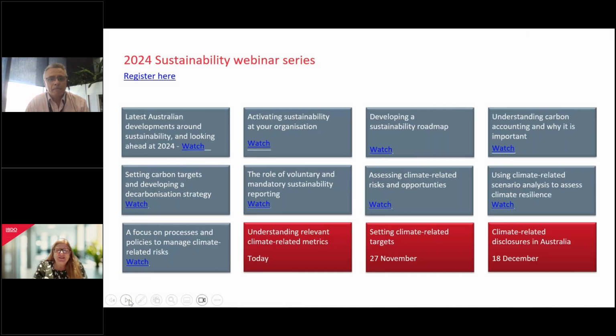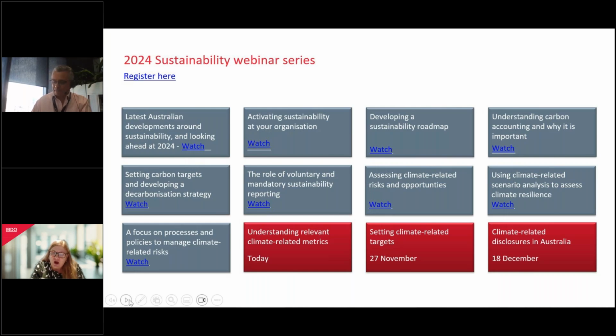So if we look at the sustainability webinar series that we've been running during 2024, we've slowly worked our way through the anticipated AASB S2. And then, lucky for us, in September, AASB S2 was issued by the Australian Accounting Standards Board. So we've been looking at a sustainability roadmap.